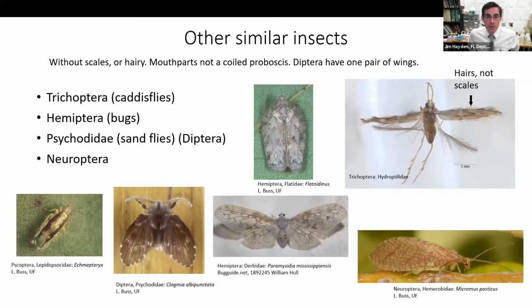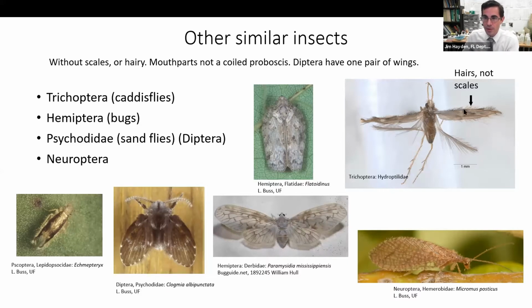So here are some photographs of other similar insects that I often get. They're often submitted to me as things they think are moths. But none of these things have the characters we just discussed. For one thing, they do not have flat scales on the body. Some of them have hairs, which look similar, like this Trichopteran.